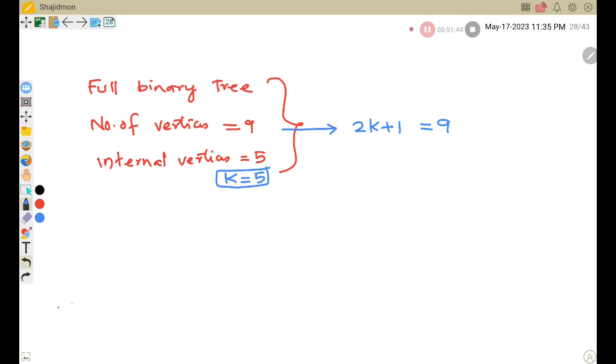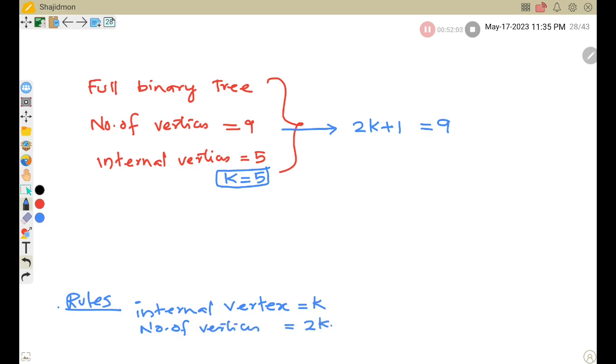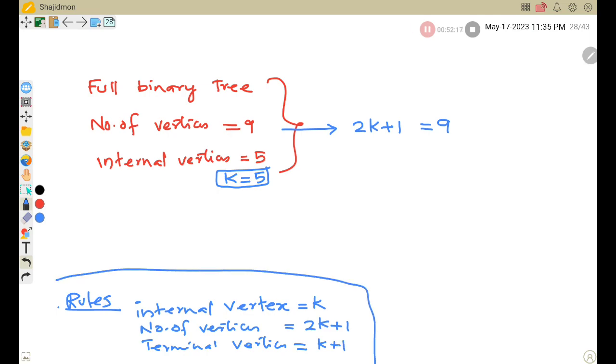So keep in mind these rules: internal vertices are represented by k, the number of vertices by 2k plus 1, and the number of terminal vertices by k plus 1. This should always hold in a full binary tree.